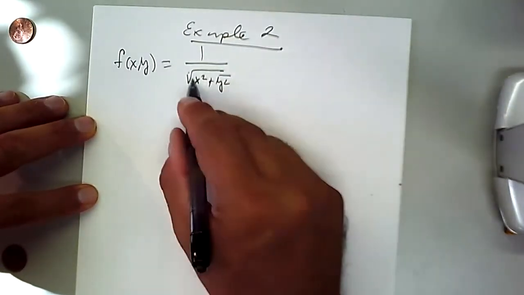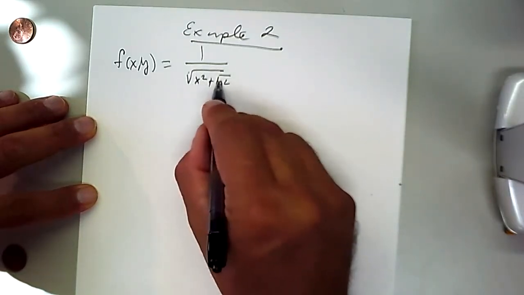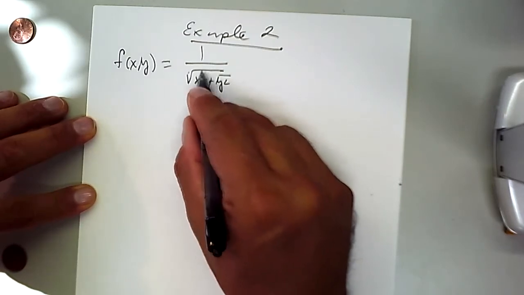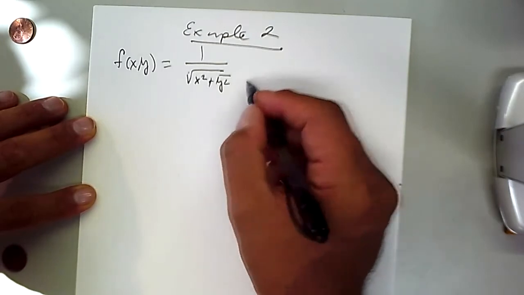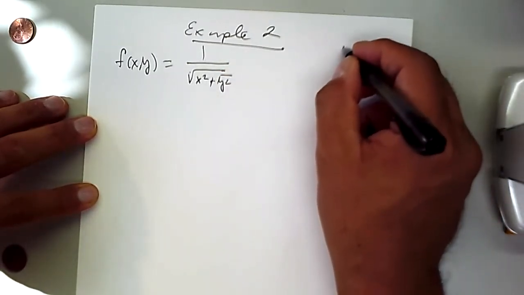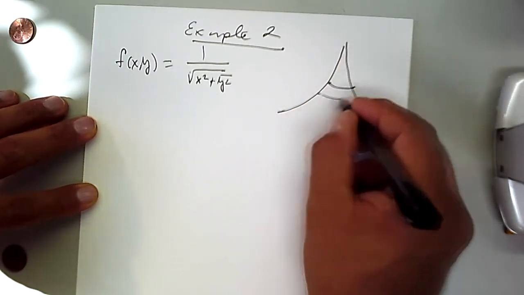Yeah, so this is going to be always positive. The farther away x and y is from the origin, the more this will be, because this is actually the magnitude of the point. And so we end up with this kind of surface.